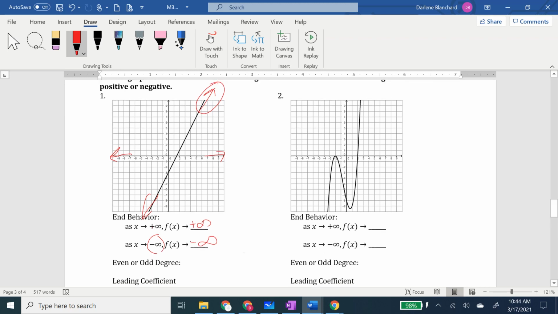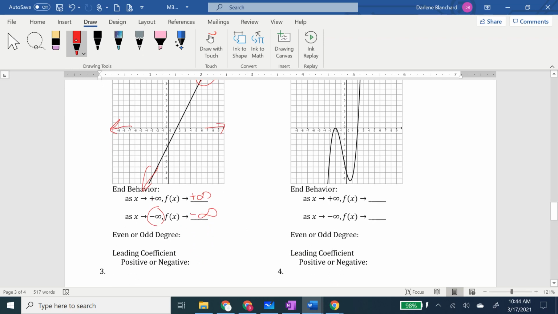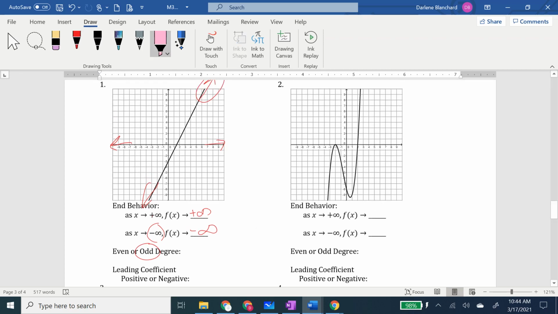Now if you are thinking about what you just observed, does that tell you you are dealing with an even degree or an odd degree polynomial? And hopefully you see opposites, odd degree. Is your leading coefficient positive or negative? You're looking primarily at just what's the right end doing. The right end is heading up.